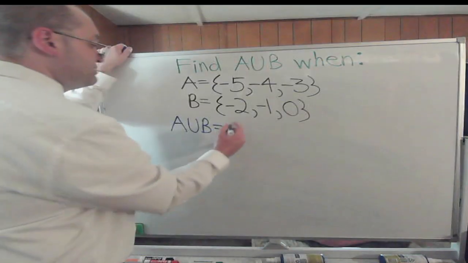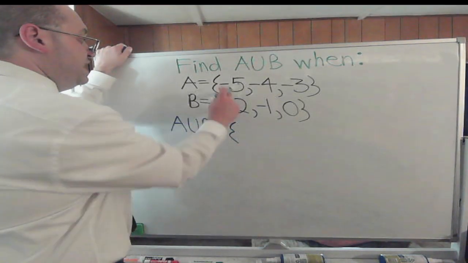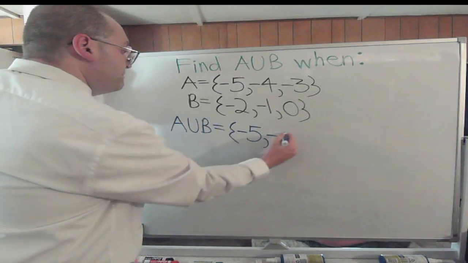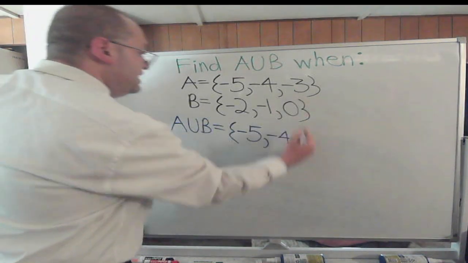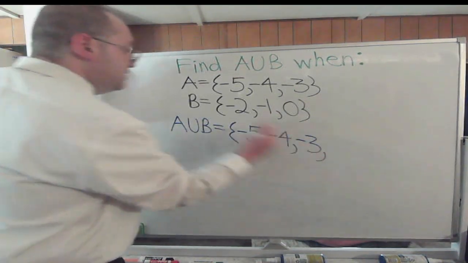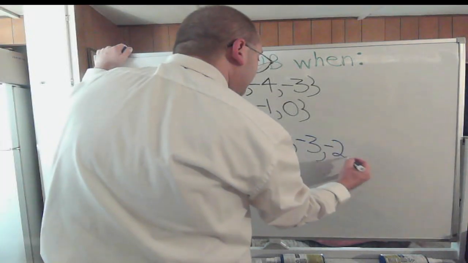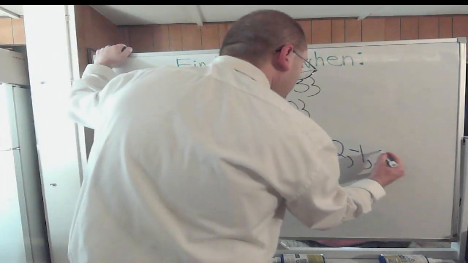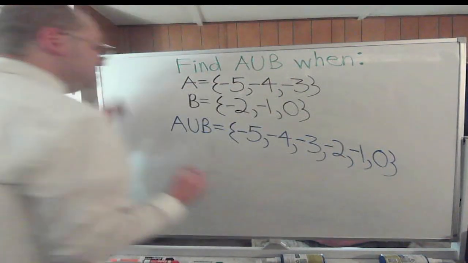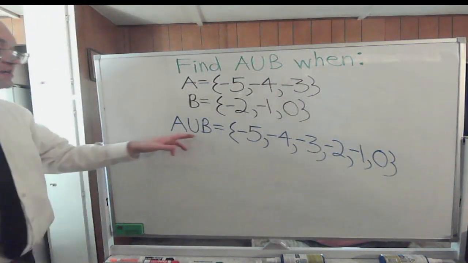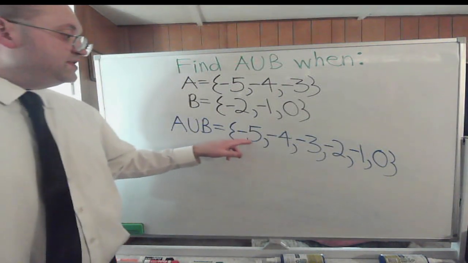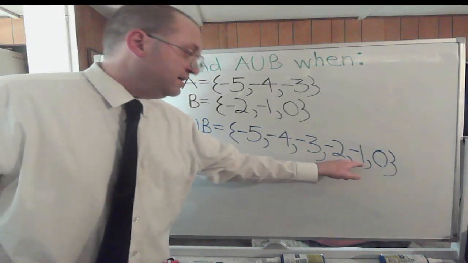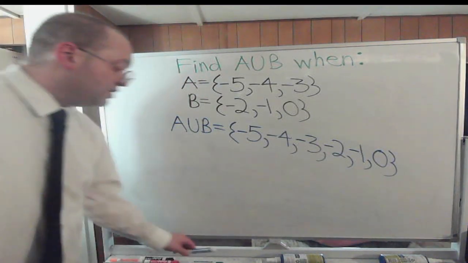So start with your smallest number. You'll have -5, then -4, then -3, then -2, then -1, then 0. So the set of A in union with B is the giant set of -5, -4, -3, -2, -1, and 0. That's all you would get.